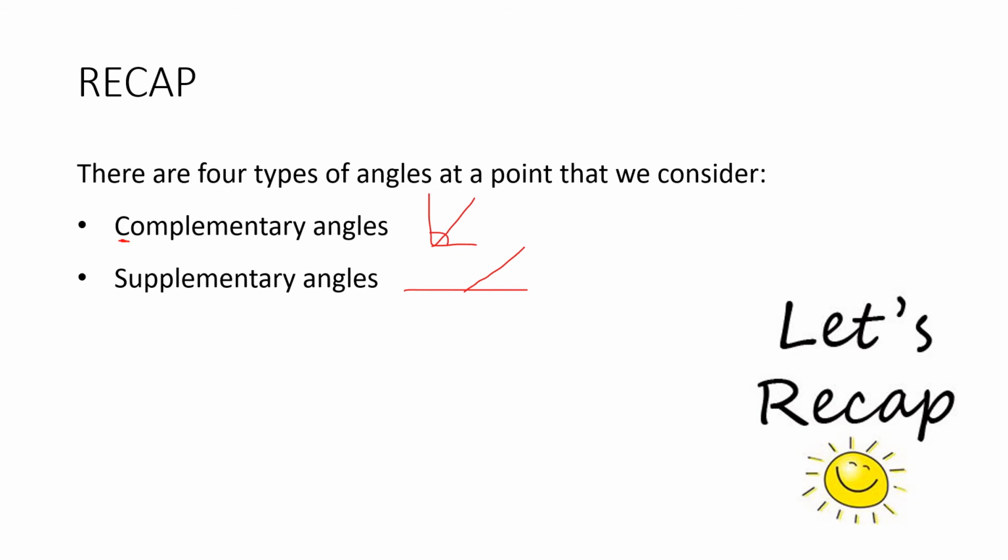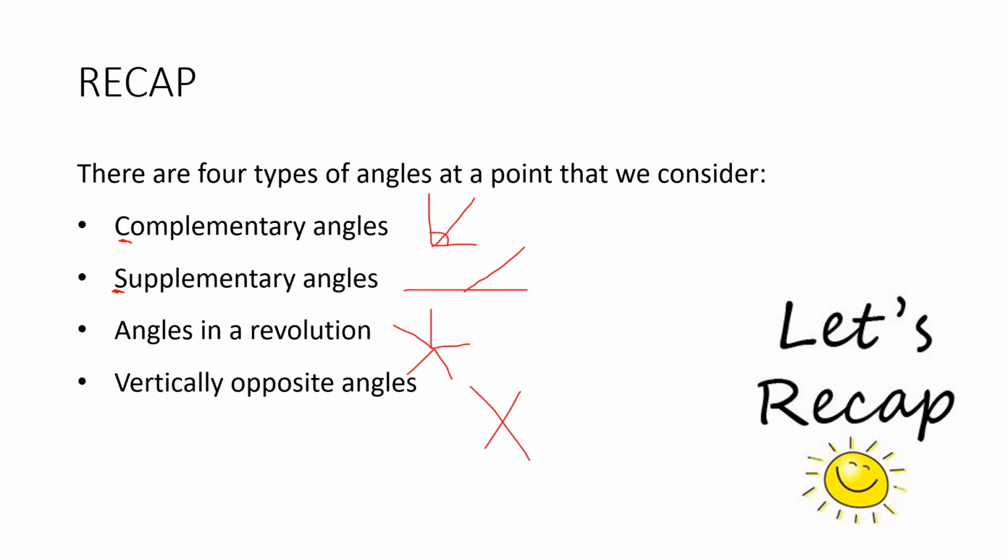The C at the beginning of complementary can stand for corner, and the S sound can stand for straight line. So that's one way to remember. We also have angles in a revolution that add to 360 degrees, and vertically opposite angles that are formed from two straight lines that intersect one another.